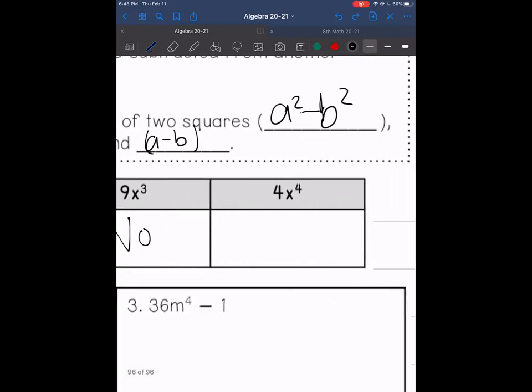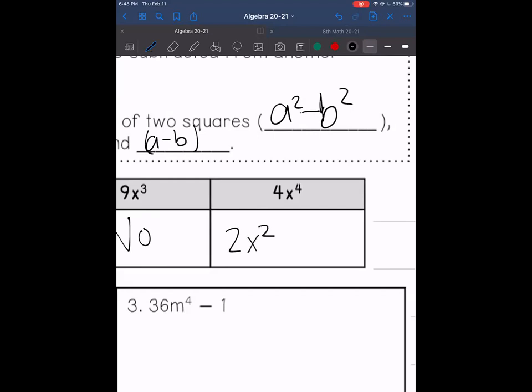And then 4x to the fourth. Both the coefficient and the variable are perfect squares, so that means we can take the square root of both of them. So 4 is 2 times 2, and x to the fourth is x squared times x squared.